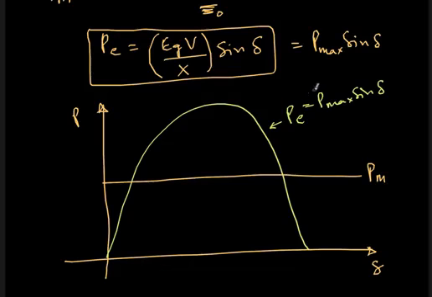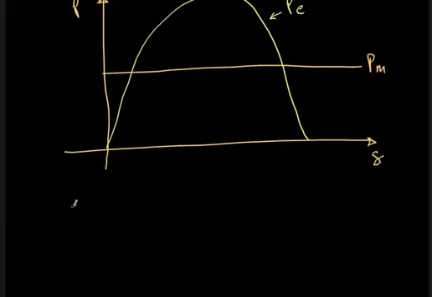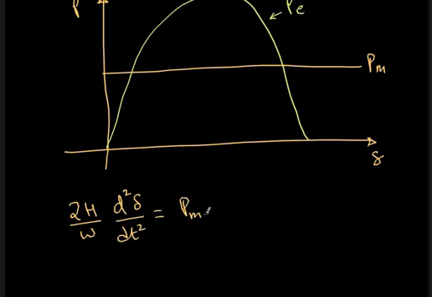For stable operation, we also know the swing equation. So the swing equation is 2H by omega d square delta by dt square is equal to Pm minus Pe. This is all in per unit.